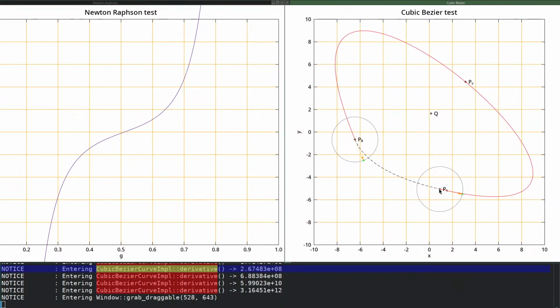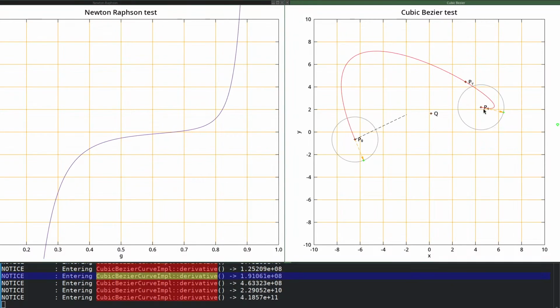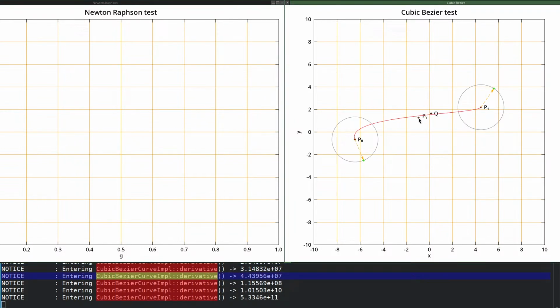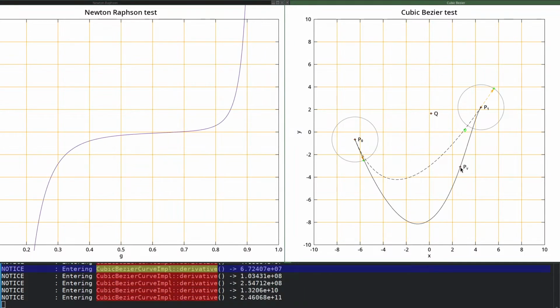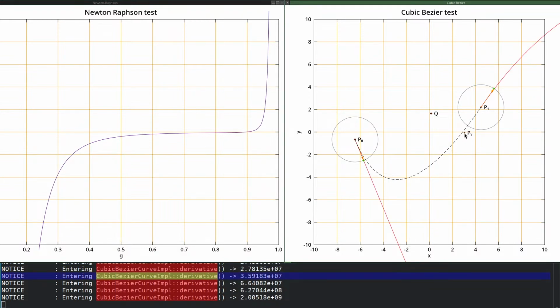But what if we pick something else? Something goes wrong here.